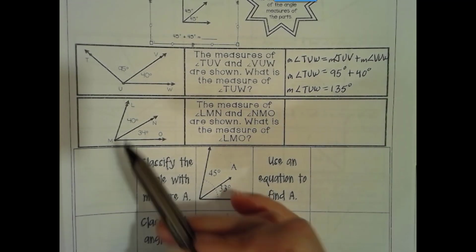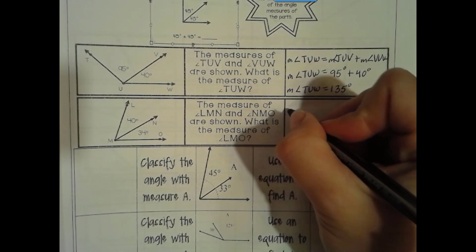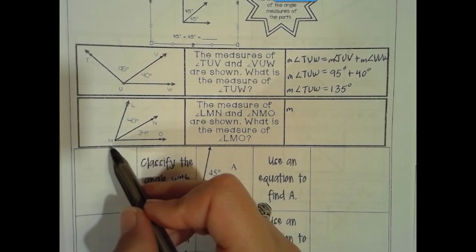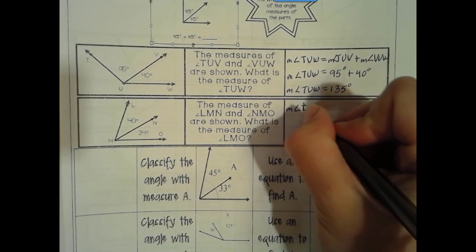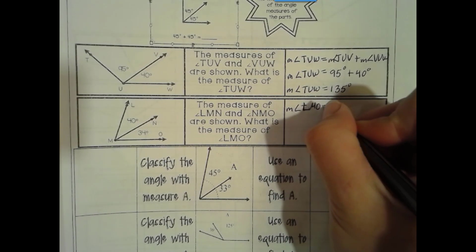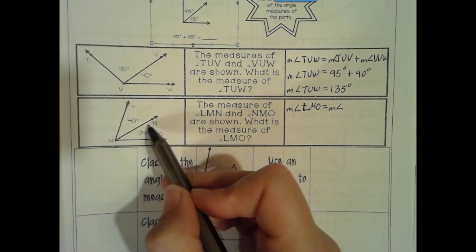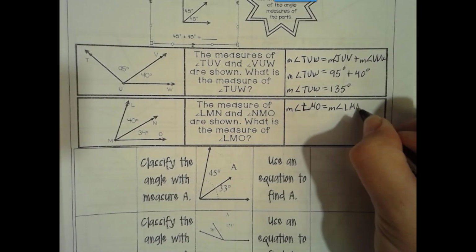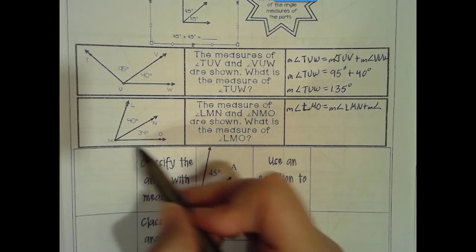Okay, same thing here. We're told these two angles, and we need to find our larger one. The measure of our largest angle, our composed angle, LMO, is equal to the measure of angle LMN, the small one, and the measure of angle NMO.